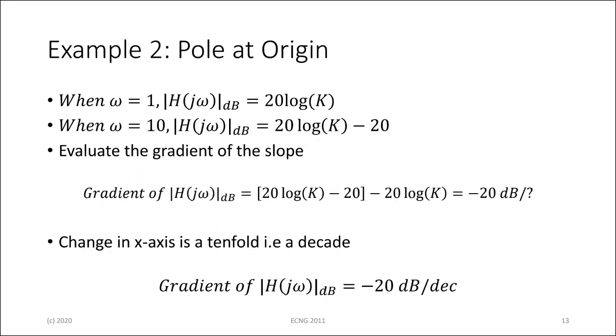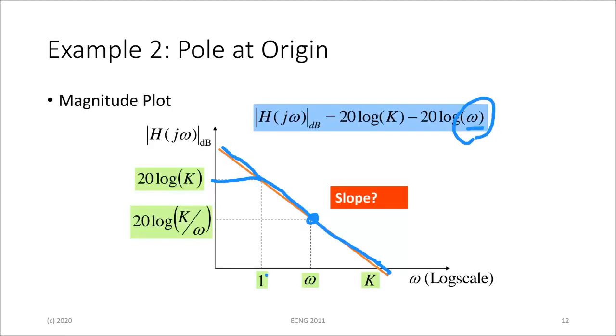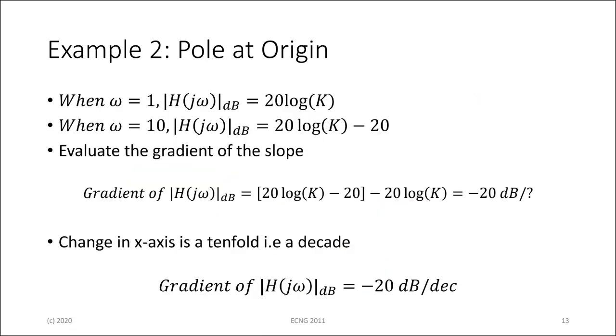If you look at this now, when omega is 1, the magnitude of H(omega) is 20 log K. That was here, right? When omega is 10, let's grab here now.